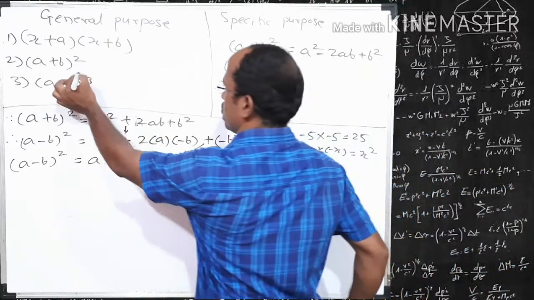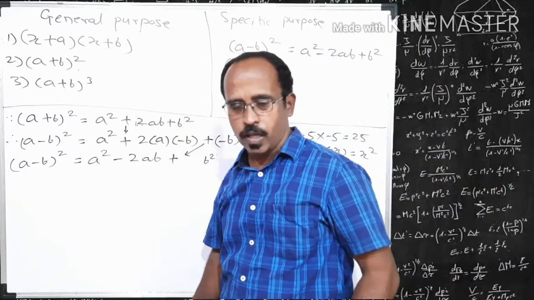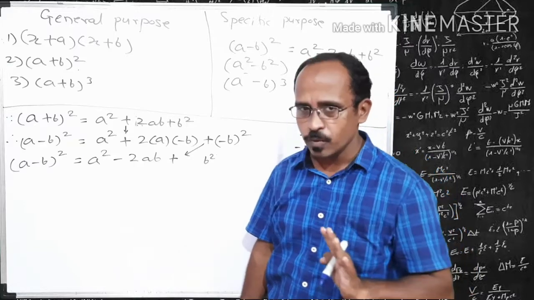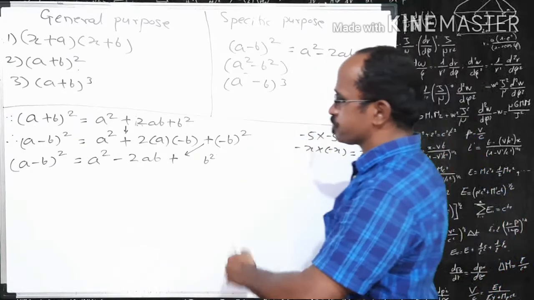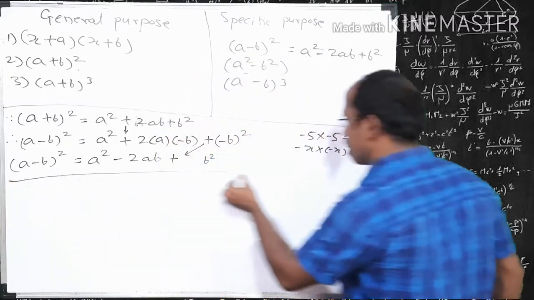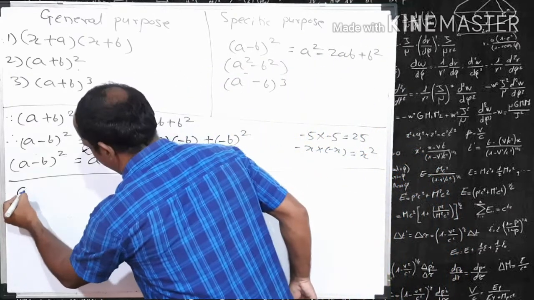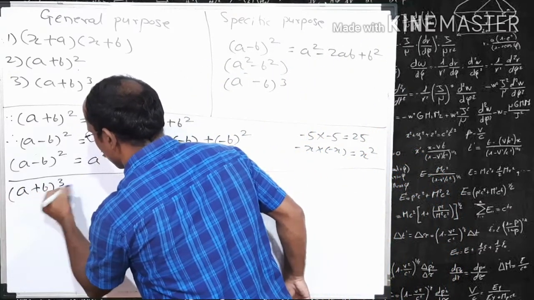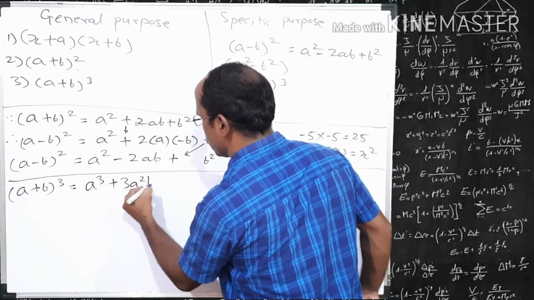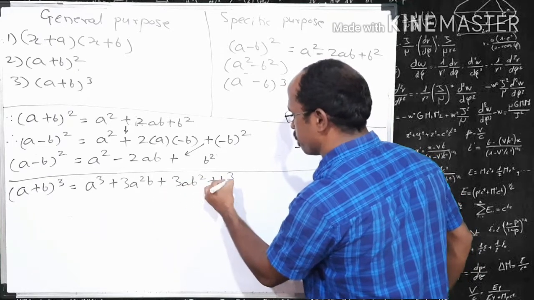So it is possible to derive a specific purpose formula from general purpose formula, and the advantage of general purpose formula is you have to remember very less formulas. Let us see with the example of (a plus b) cube. (a plus b) cube is nothing but a cube plus 3a square b plus 3ab square plus b cube.